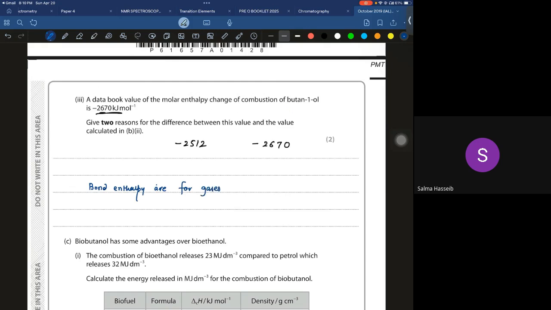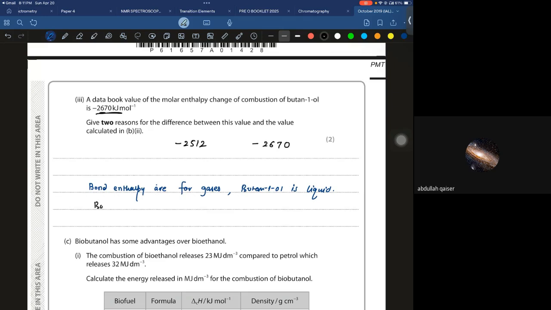Butan-1-ol is a liquid. We always use the term bond enthalpy for gases, not for liquids. But here butan-1-ol is a liquid because it's an alcohol. Alcohols have stronger intermolecular forces, so they are liquid at room temperature. So that's why the bond enthalpy is different.